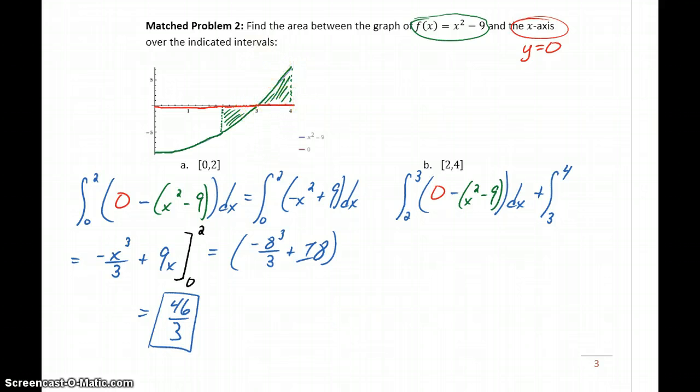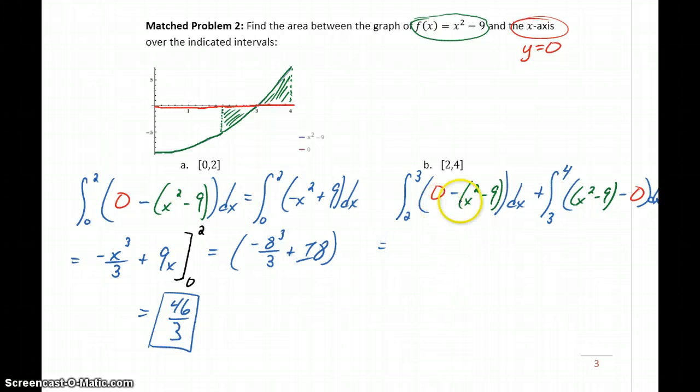So now x squared minus 9 is taking on those larger function values. And then y equals 0 is taking on the smaller function values. So we're going to subtract 0 and dx, or with respect to x.